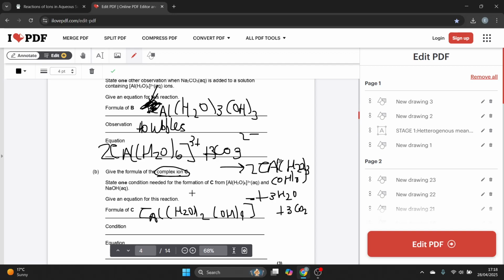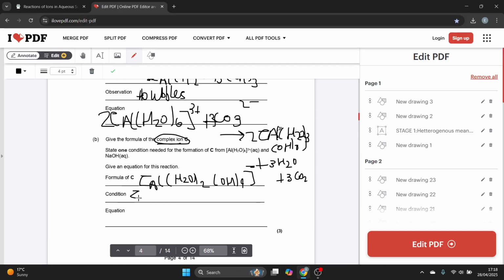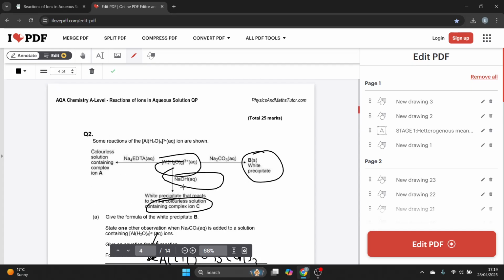So I need a negative charge, therefore the square brackets. The condition for the formation of C, we need excess. It needs to be an excess. But excess what? Well, it is excess of hydroxide ions, but it comes from excess sodium hydroxide. It says that there.